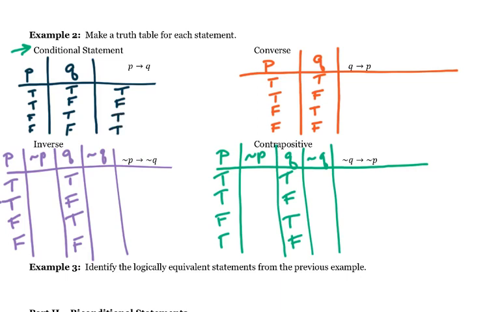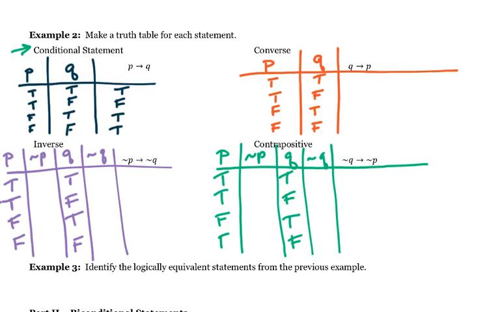If you have a false antecedent, a false hypothesis, it doesn't matter what your conclusion is. You're starting off from something false, so those have to be true. It doesn't matter what happened afterwards if you start off with a false statement. But if I start off with a true statement and end up with a false consequence, then we have a false conditional statement.